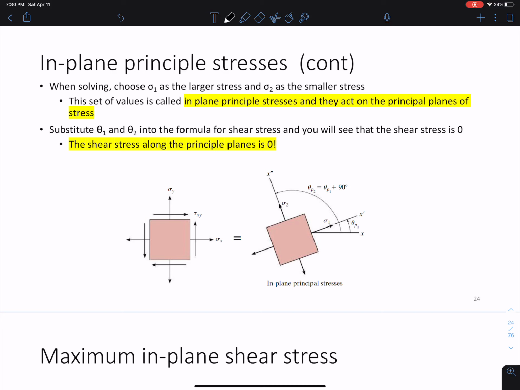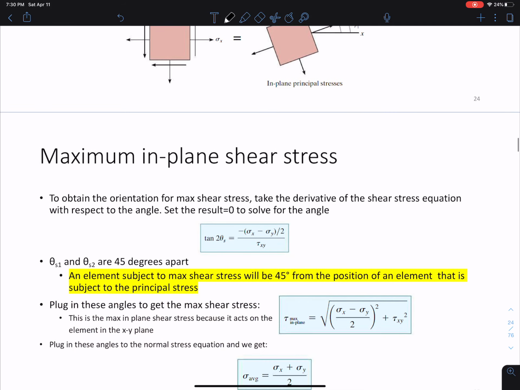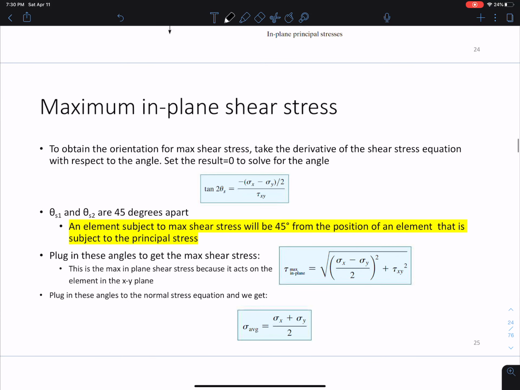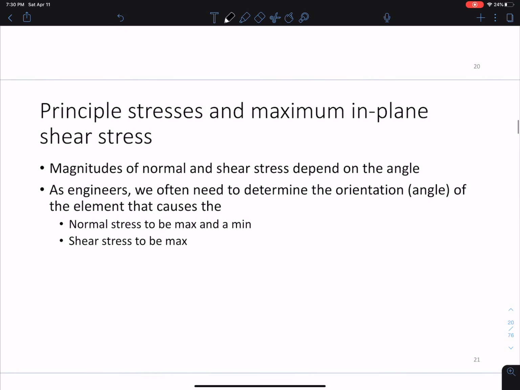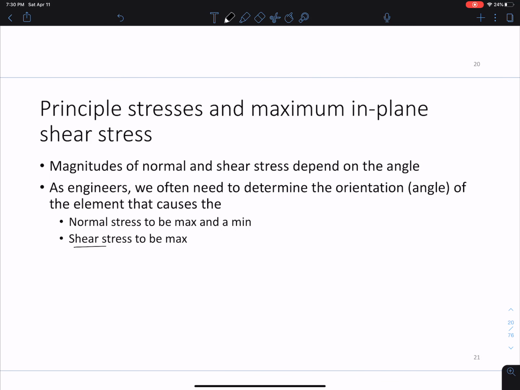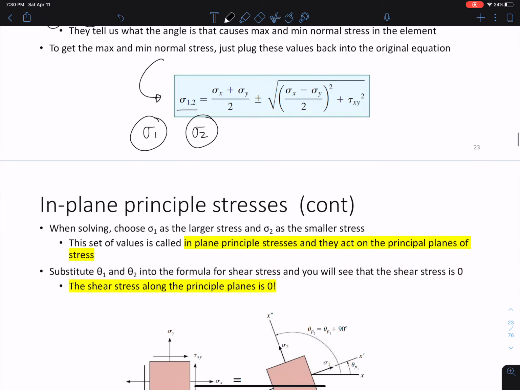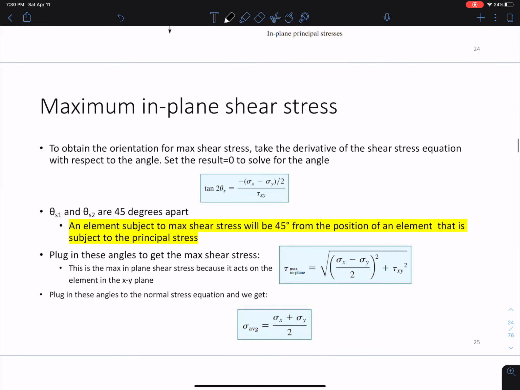So it's all taken by that normal stress. We have zero shear stress at that point. This is also why we don't talk about minimum shear stress, because we know the min shear stress is just when we have max or min normal stress. So we don't have to solve for that as well. That's why.